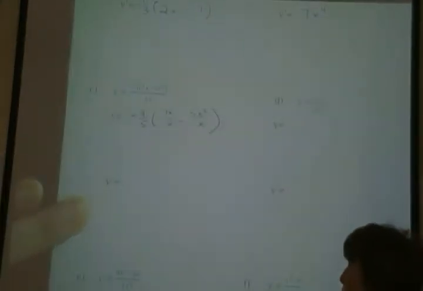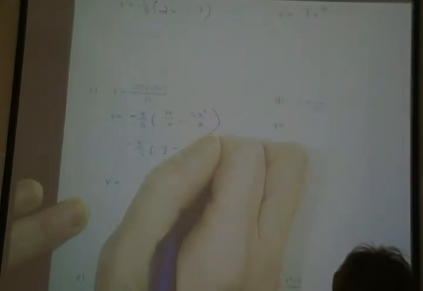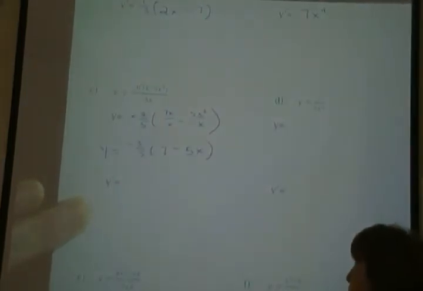So just to be really deliberate about it, you're pulling the -3 and the 5 out as a constant multiple, and then you're going to simplify the 7x over x to be 7, and the 5x squared over x to be 5x. This is, again, a rewrite of the function.